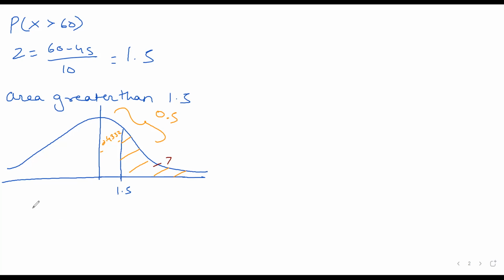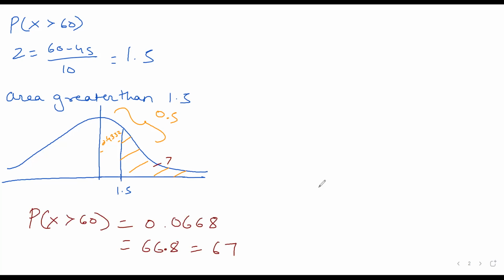Multiplied with 1,000, it is 66.8, approximately 67. This is how we find out expected frequency or expected value under any given probability distribution.